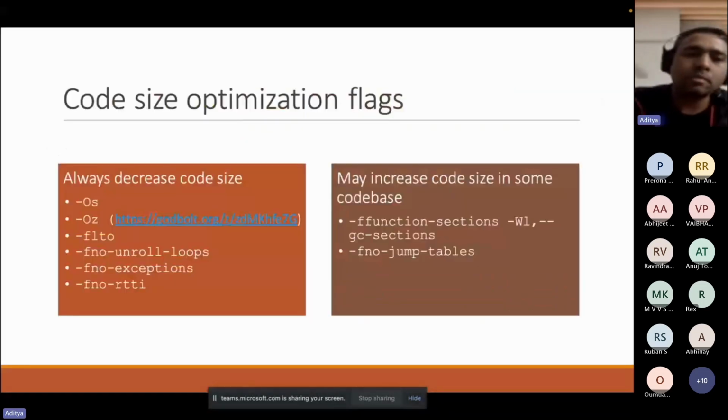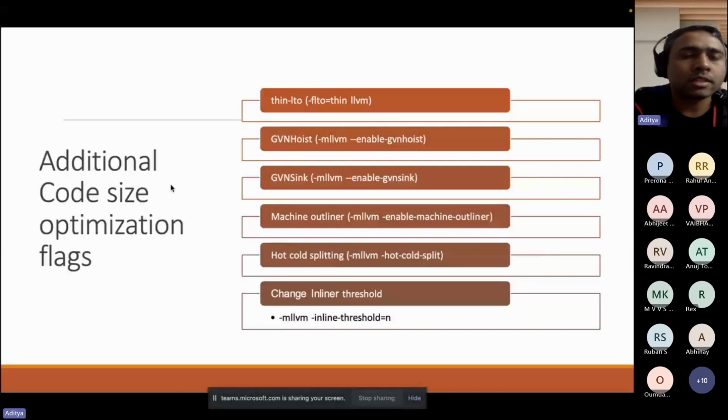These are pretty beginner level, so you might want to try at least -Os, -Oz, and FLTO. These are what most people are trying these days, so you might as well. There are some additional code size optimization flags if you want to get more ambitious.